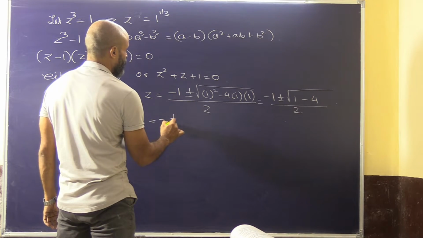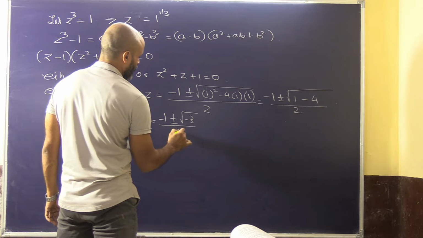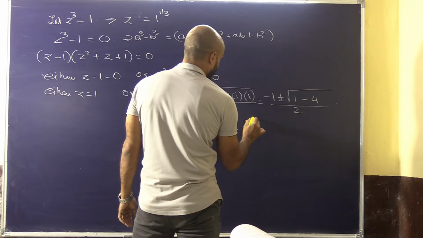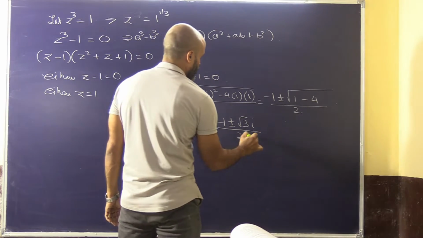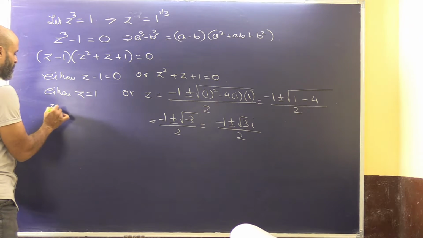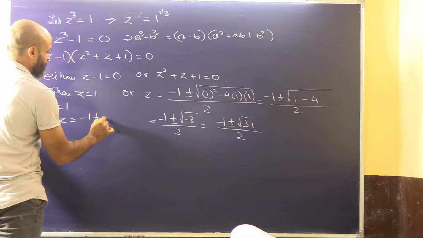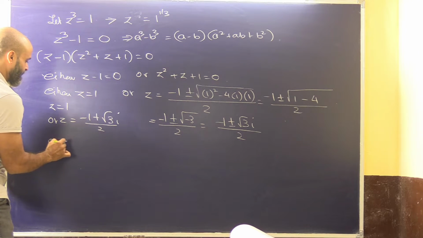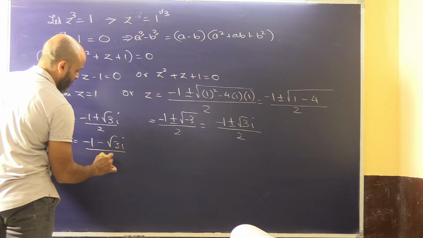So this will be minus 1 plus minus square root of 1 minus 4 upon 2, which is minus 1 plus minus root 3i upon 2. So we have z is equal to 1, or z is equal to minus 1 plus root 3i by 2, or z is equal to minus 1 minus root 3i by 2.